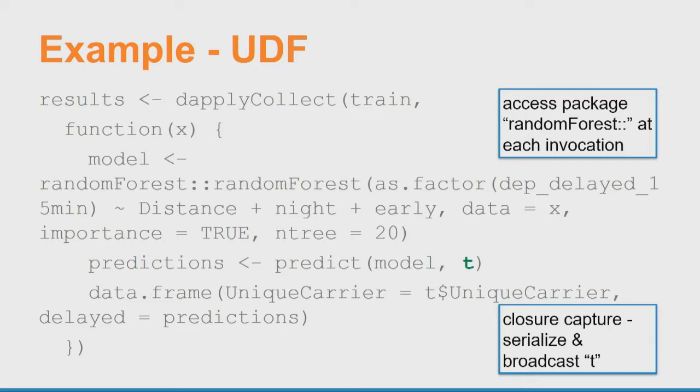All these parameters are very similar to what we've seen already with the SparkR version of this, where you specify the formula here and some parameters in terms of the number of trees, that sort of thing. And then after you train that model, you apply it onto a separate data set called T. We'll get back to that in a bit. And then we get a set of predictions, and we return this prediction we get from the UDF, and then we continue on.